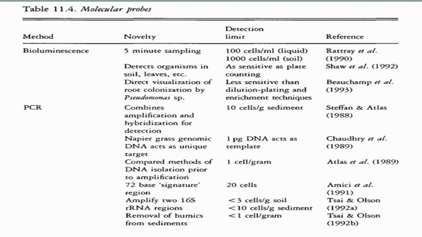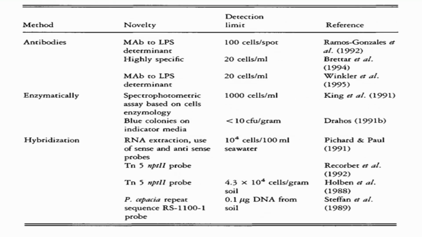Also the method PCR combines amplification and also hybridization for the detection, and the detection limit is also 10 cells per gram of sediment. Also the antibodies, this is the monoclonal antibody, MAB. This is also highly specific. You can detect a limit of around 100 cells per spot.